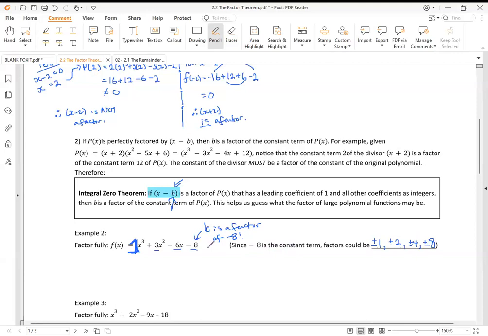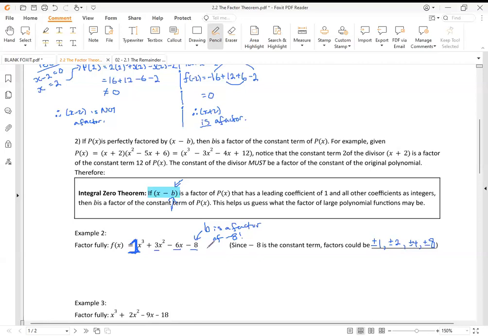Integral zero theorem tells me that if I want to look for the factors, I'm not trying every number. All I have to do is try those 8. And cross your fingers. Let's hope it works when you try a 1 or a negative 1, because those numbers are easy. But sometimes you might have to go to 2 or higher.